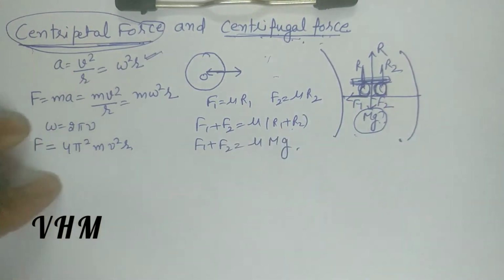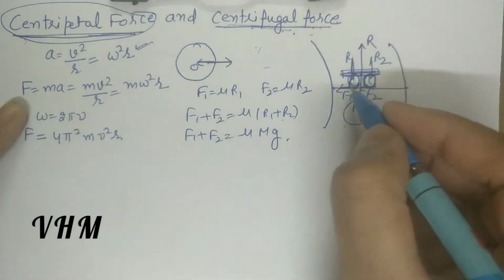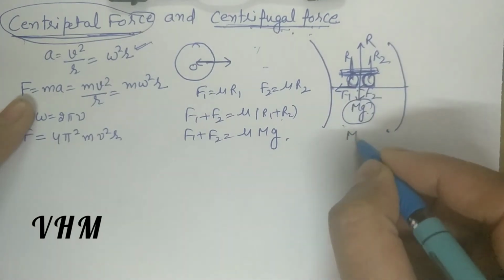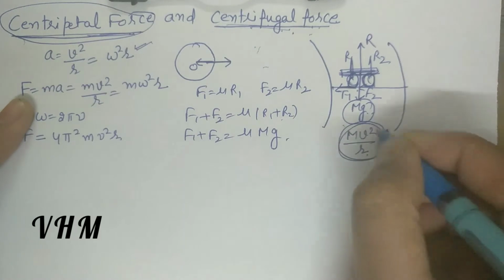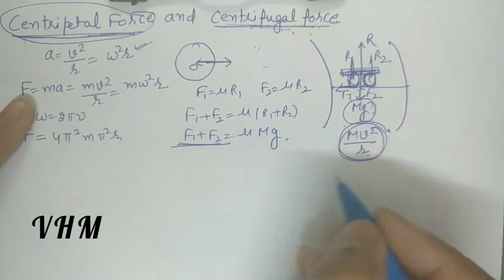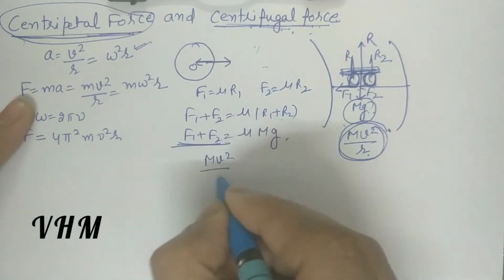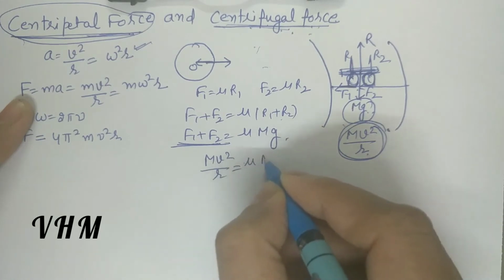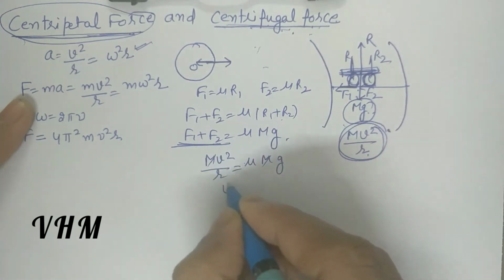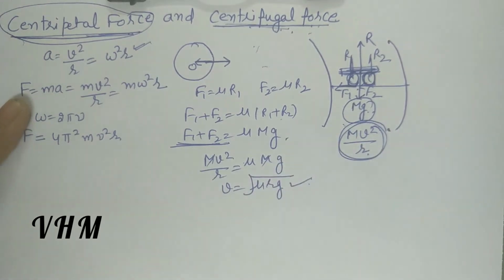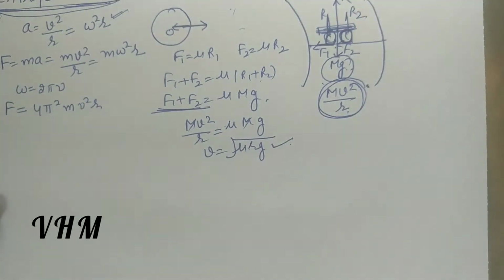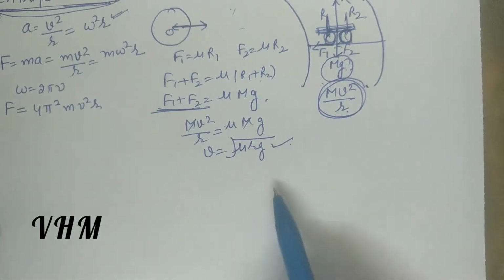If the vehicle turns with velocity v on radius r, then the centripetal force is mv square upon r, and the source of this centripetal force is the frictional force. Then mv square upon r is equal to mu mg, so the maximum velocity with which the vehicle can turn safely on the level road is v equals square root of mu rg.